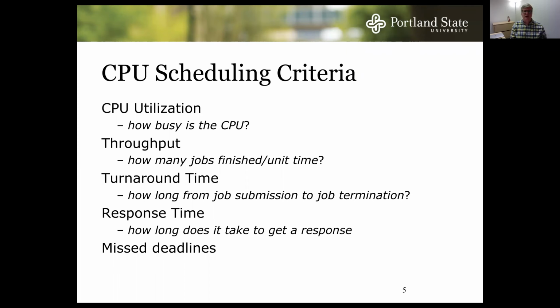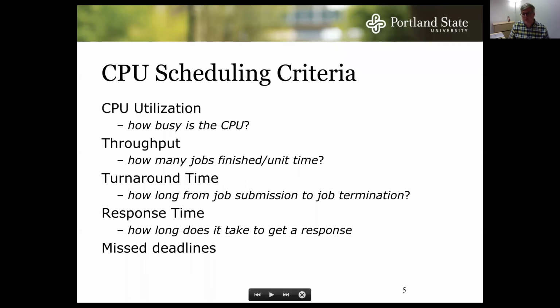The process may finish quickly, but if it waited a while before running, then the initial response back to the user might have taken a long time. We try not to do that. We try to have a low response time, with all processes responding to their users frequently and quickly so that the users maintain the illusion that an operating system is running many processes at the same time.